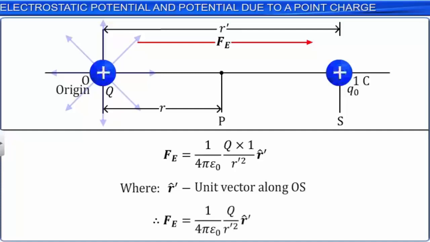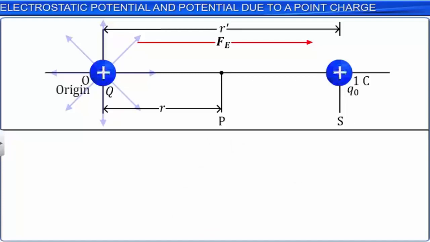Now let us move the unit positive charge from S towards P in the electric field by a small distance dr', and let dW be the work done in the process.